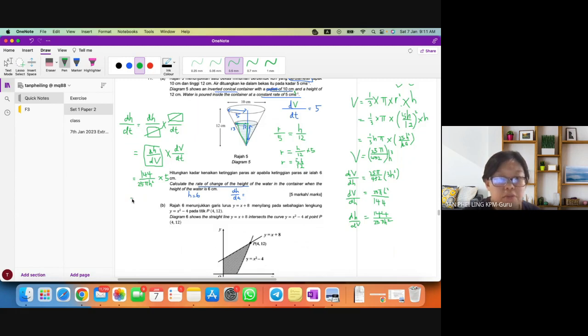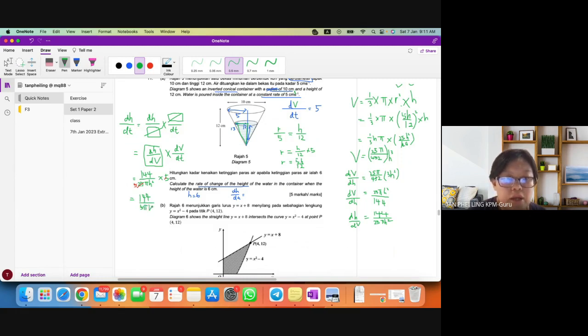So now multiply in 144. So I have my 144 times 5. Oh, I think no need, because the 5 and the 5 here I can simplify, right? So I can get 5 down here only. So I can get 144 over 5 pi h square.